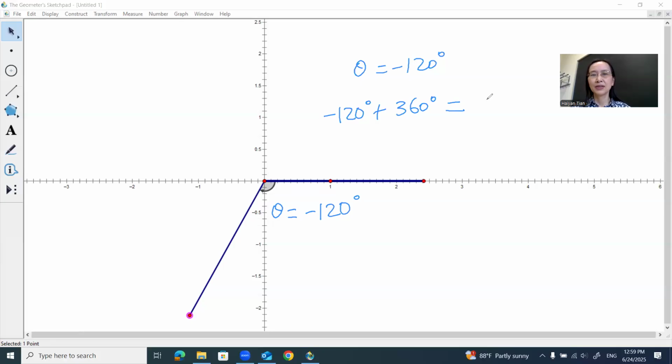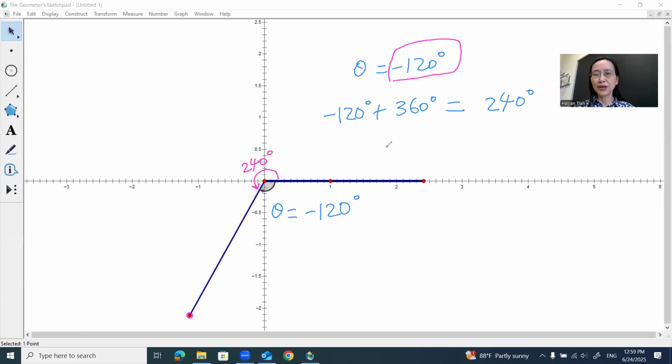So that will be 240 degrees. Yeah, so we get 240 degrees, which is the least positive angle that is coterminal with this given angle.